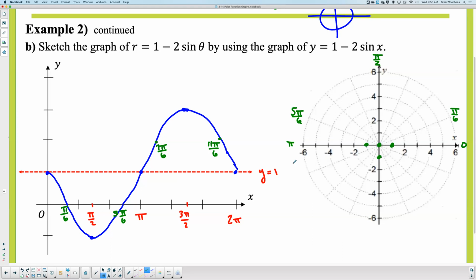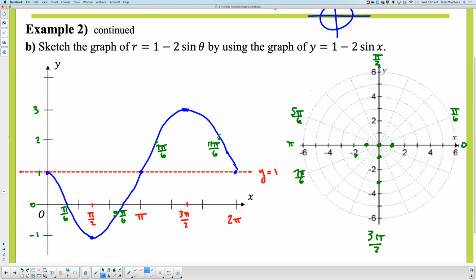What about 7 pi over 6? 2. Go ahead and add that in. You're at 2 at 7 pi over 6, so 2 circles towards it. What about here at 3 pi over 2? 3.